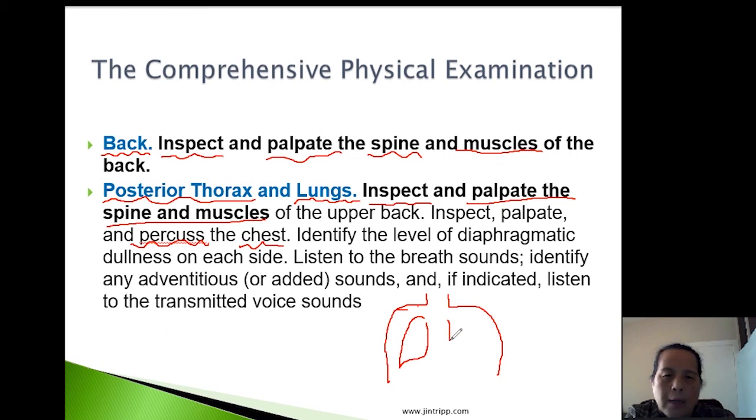Under the lung is the diaphragm. Under the diaphragm, on the right side, is the liver, like we're looking from the back of the patient. So that's the right side, that's the left side.